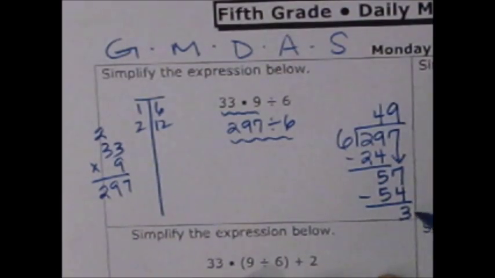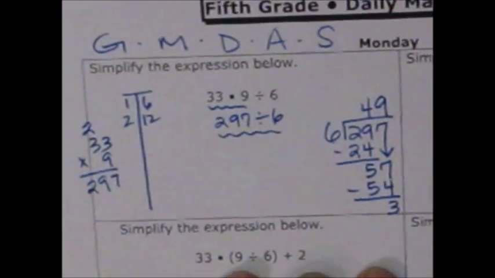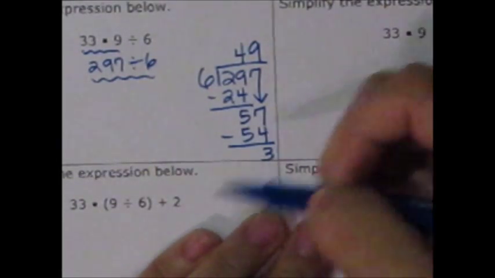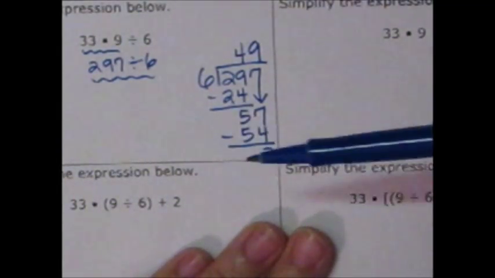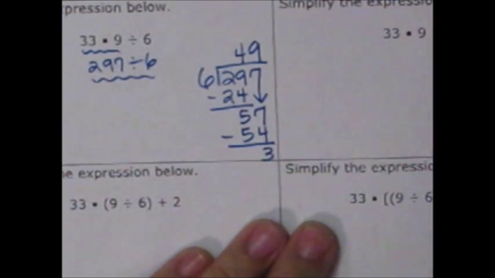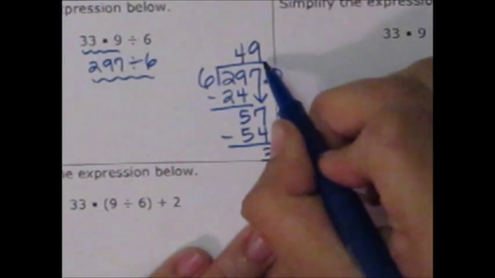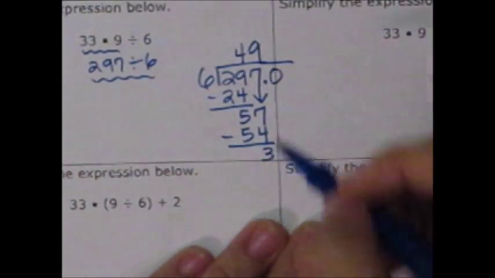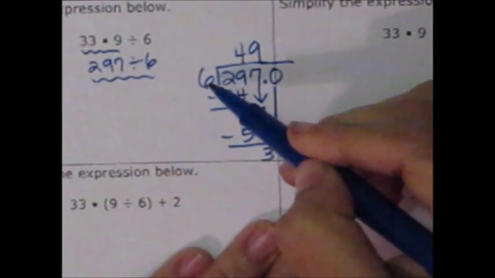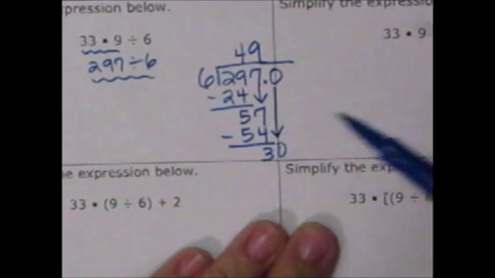Now, I want to not have a remainder. I'm going to move this way so it's really front and center. So what today is testing you is, what do we do now? Not to do a remainder. We know that adding a decimal to this number and adding a 0 does not change its value. So now I can drop this 0, and I can put 6 into 30.